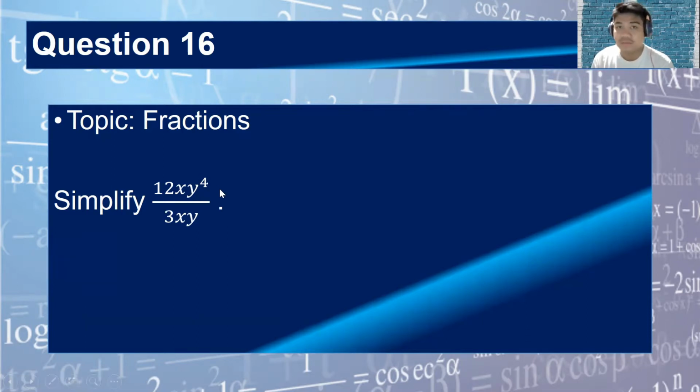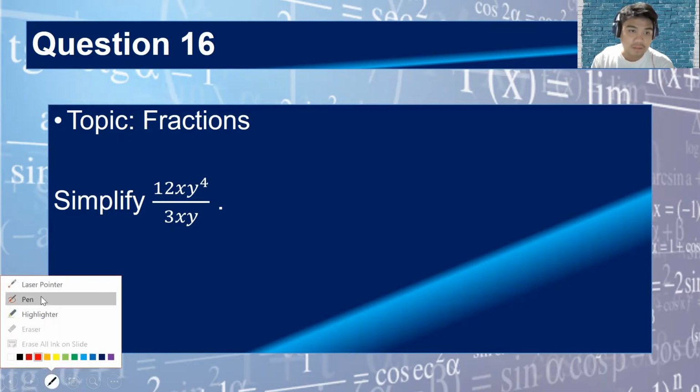So ang una natin gagawin dito is we are going to separate those constants dun sa ating mga variables so that we can easily apply the laws of exponents pag magkakahiwalay na sila. So let us go to our, let me show my pen.